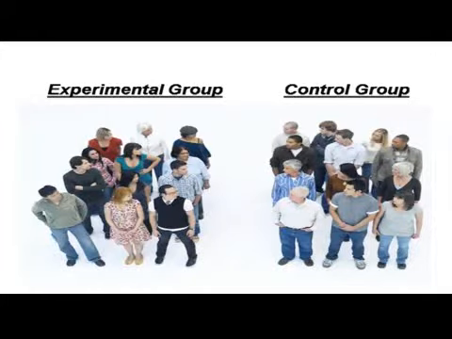In the experimental method, the whole group, that is the sample, is divided into two groups. One is the experimental group and the other is the control group. The researcher applies an experimental variable on the experimental group and tries to study the phenomenon that he wants to study. At the end of the study, the researcher compares the control group and the experimental group, and tries to explain a particular phenomenon.